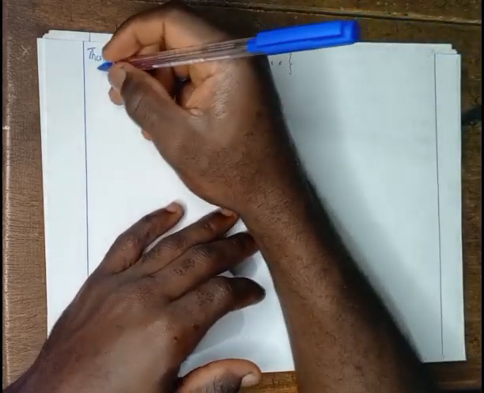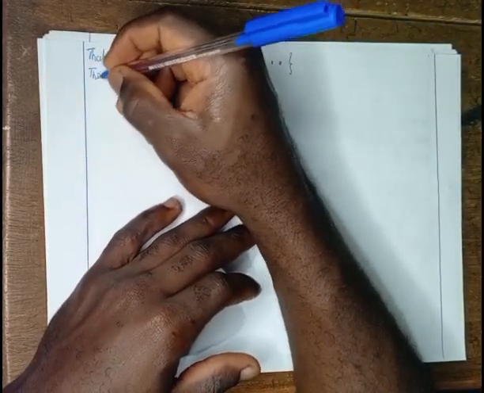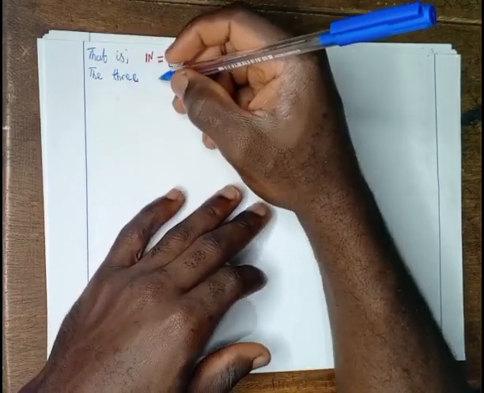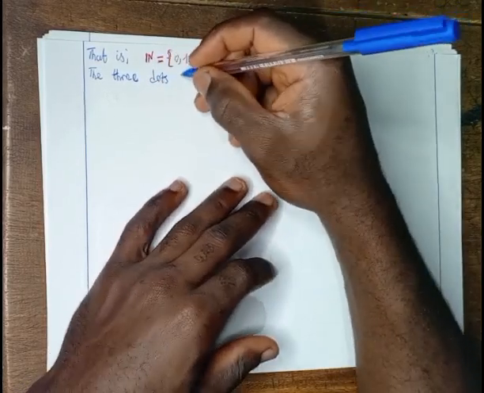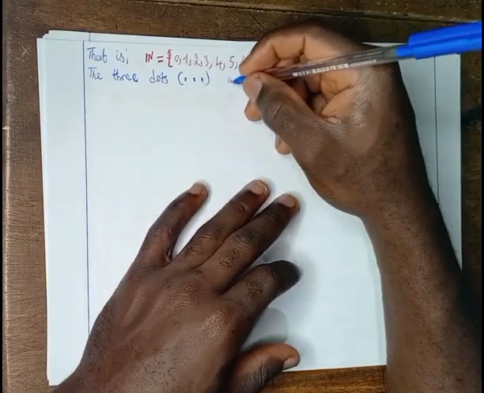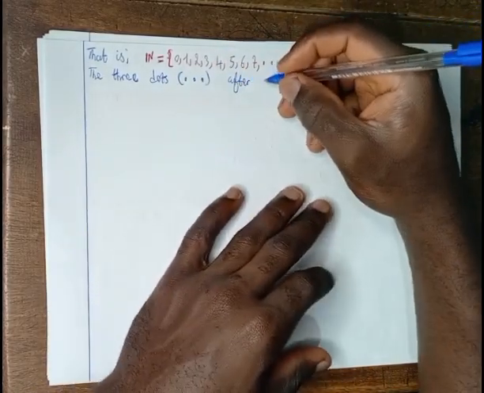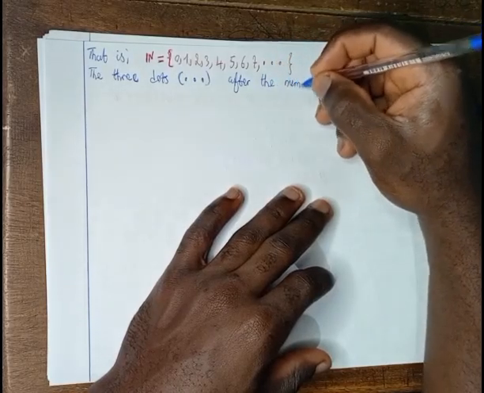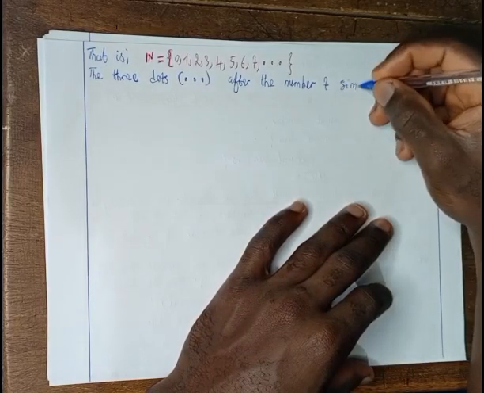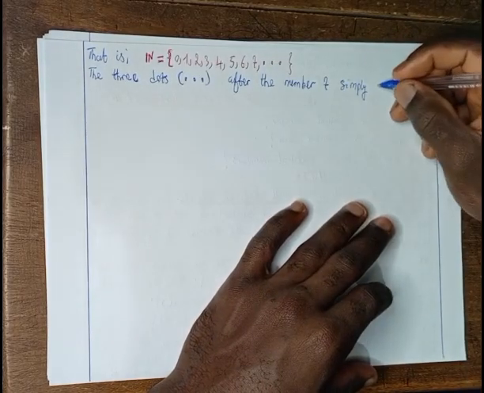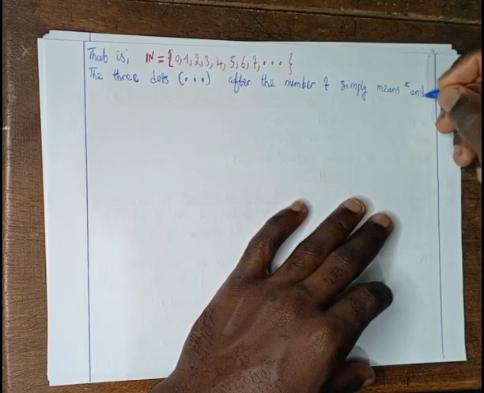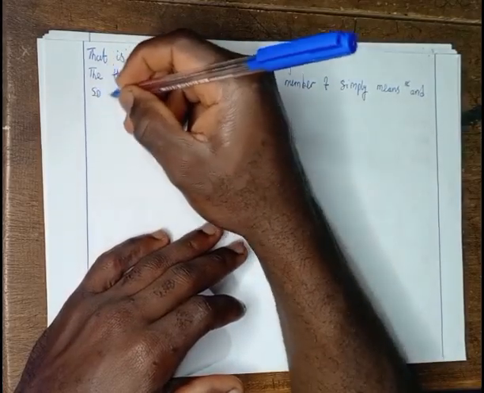The 3 dots after the number 7 simply mean and so on.